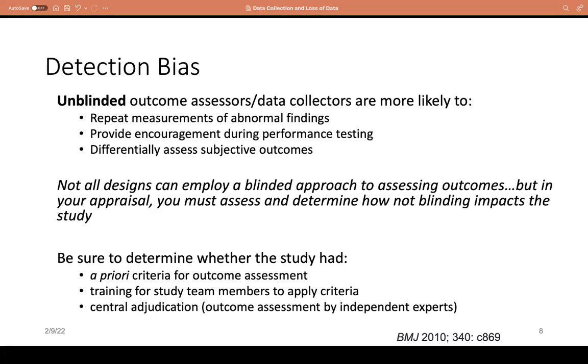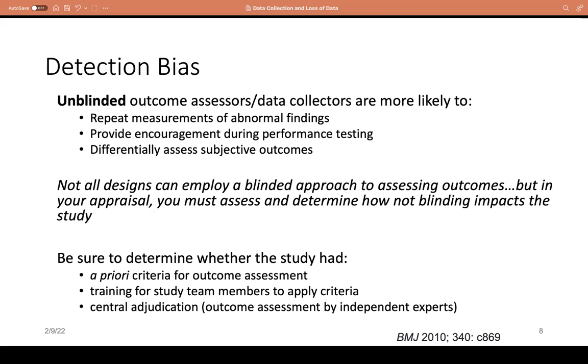There's a lot of talk about the fidelity of both the intervention and also of outcome assessment, for making sure that this is the same across study sites, and then also the same for the first participant to the last participant in a study. So you really want to ensure that there's consistency there.